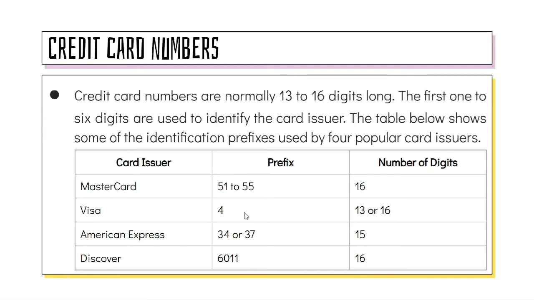Visa is 4, and the number of digits is 13 or 16. American Express has a prefix of 34 or 37, which consists of 15 digits. And lastly, Discover's prefix is 6011 and the number of digits is 16. Notice, class, that different card issuers have different prefixes with their corresponding number of digits.